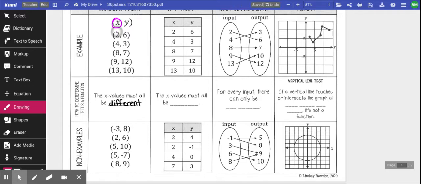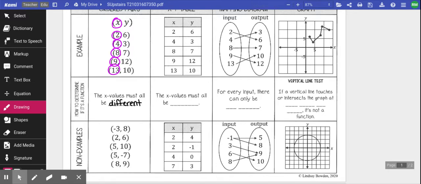Go ahead and circle all the first numbers. Okay, those are your x values. Those are your input. That's what you plug in, remember, and then what you get out is your y value. That's your output. Are these all different? Is there any that repeat? Are the numbers all different? Yes, that's why it's a function.